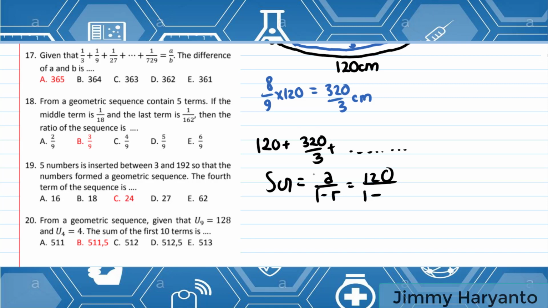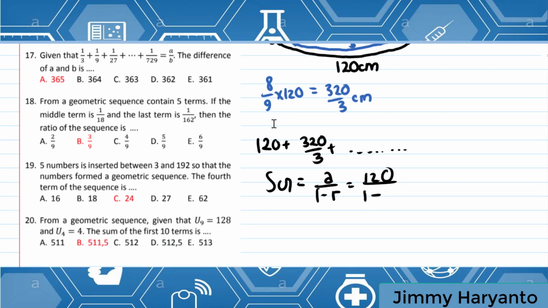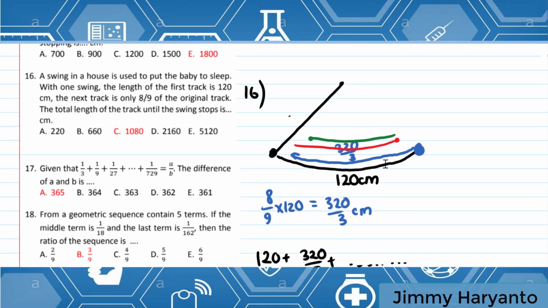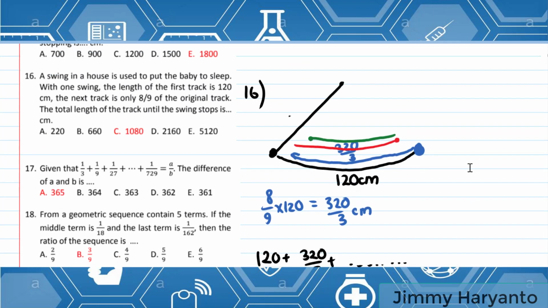If you are lazy to find the r from this sequence, you can find it in the question, 8/9. So the ratio is 8/9. So the result will be 1080 centimeters. There you go guys, it's for number 16.